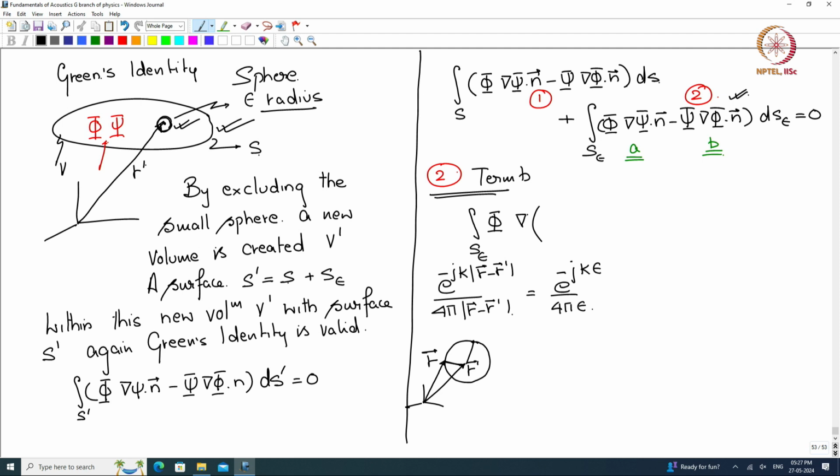So if we put it in here, 1 by 4 pi e to the power of minus j k epsilon over epsilon, minus 1 by 4 pi epsilon e to the power of minus j k epsilon and del phi dot n.